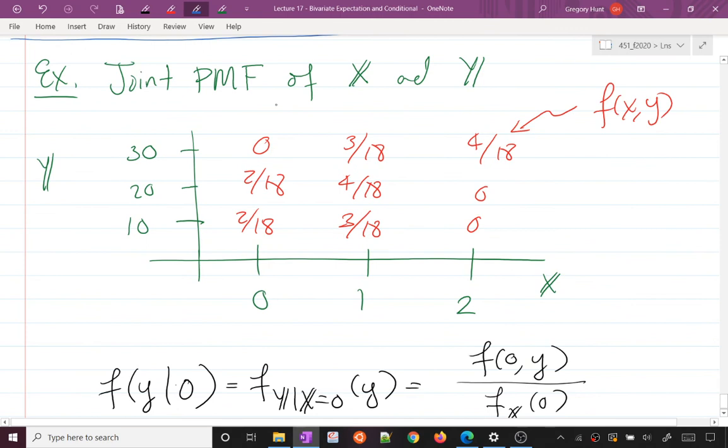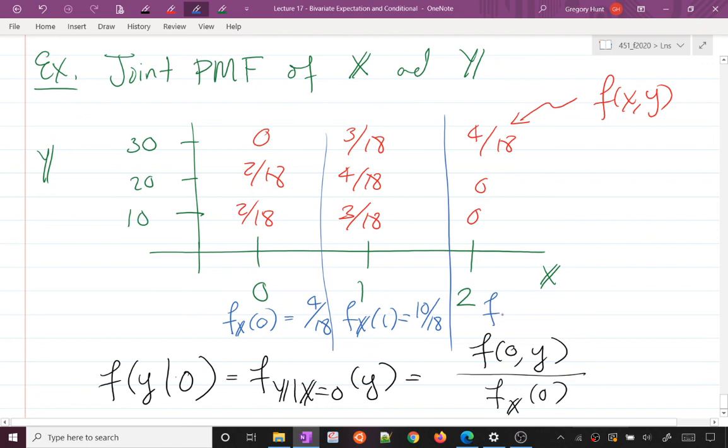So the marginal of x says that fx of 0 is 2/18 plus 2/18, which is 4/18. The marginal of x at 1 is 10/18.